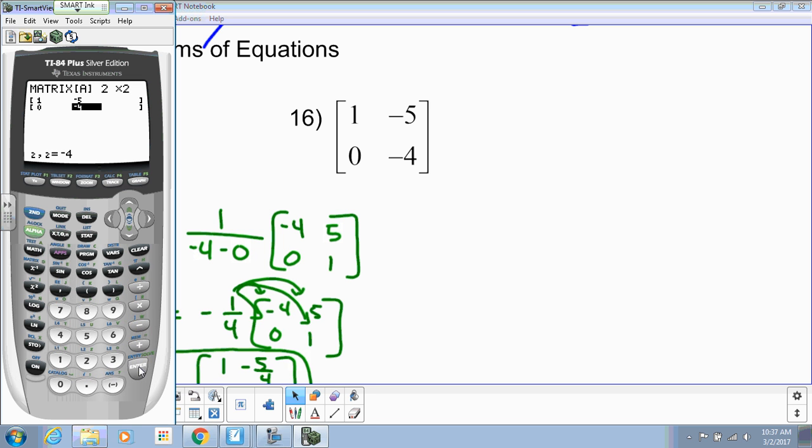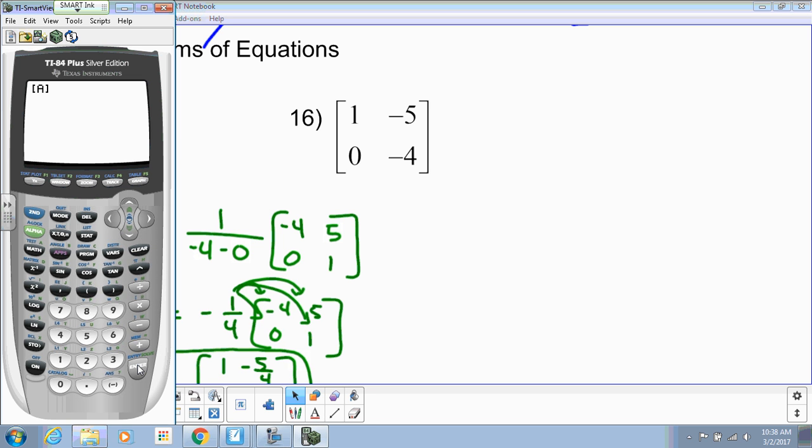Once you enter it in, remember that to do any operation you need to go back to the home screen. So hit second, quit. Then we want matrix A, second matrix, under names. The inverse button is right here where matrix is.